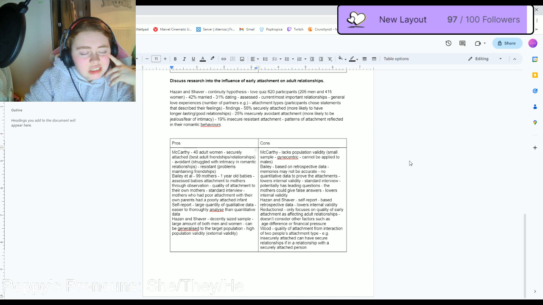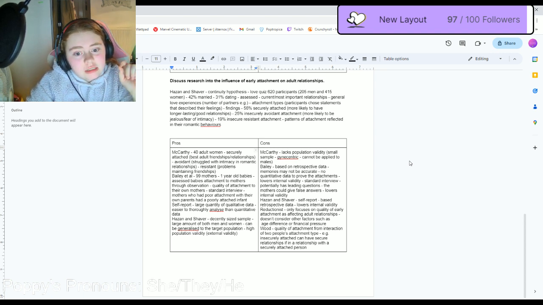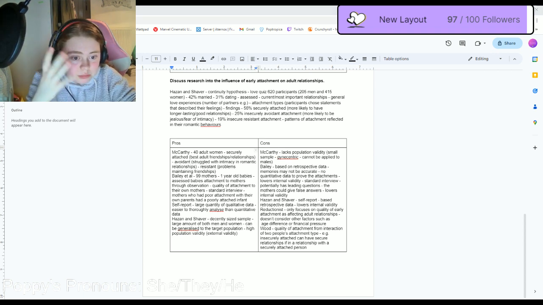I mean, we could say something about how they operationalize their categories, but I don't know what to say. I think operationalizing is one of my weakest parts of research methods, so I'm not really good with the operationalizing of stuff and that evaluation point.